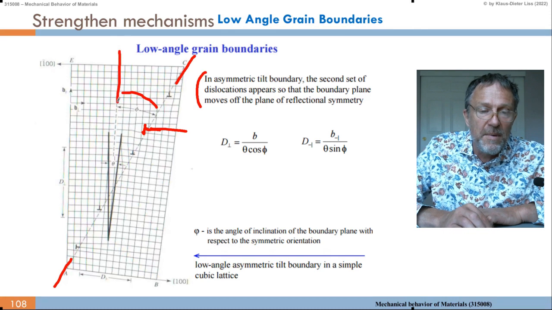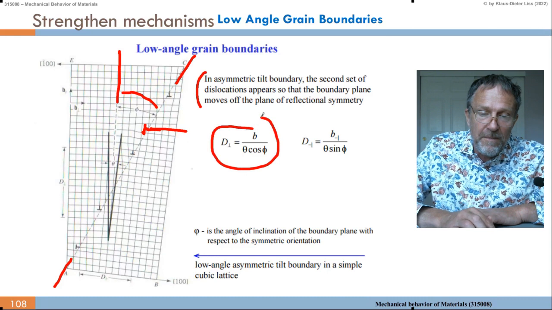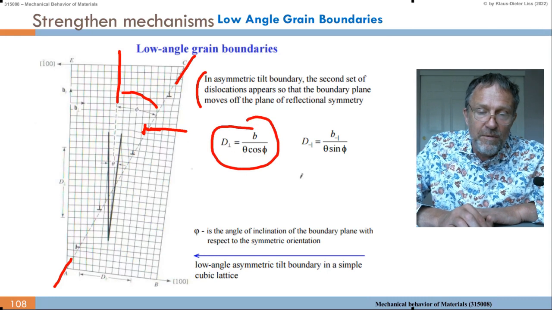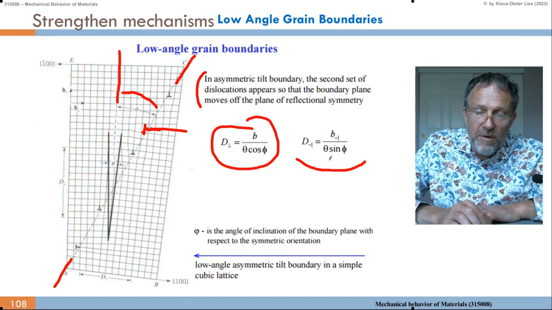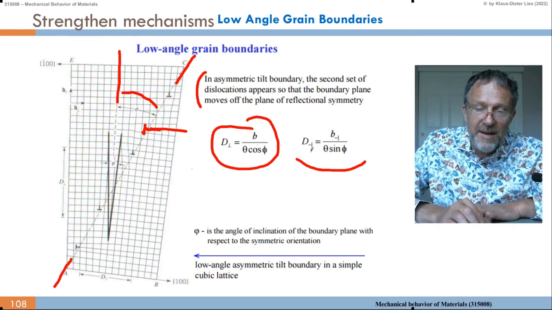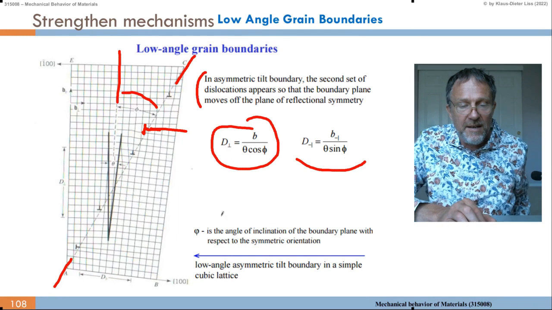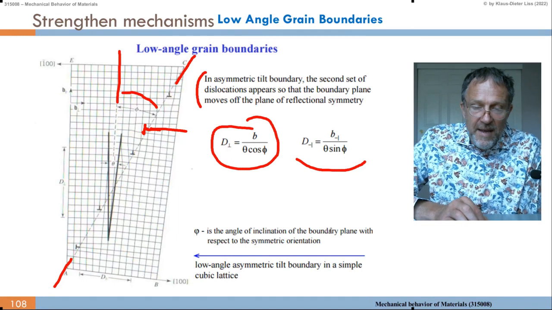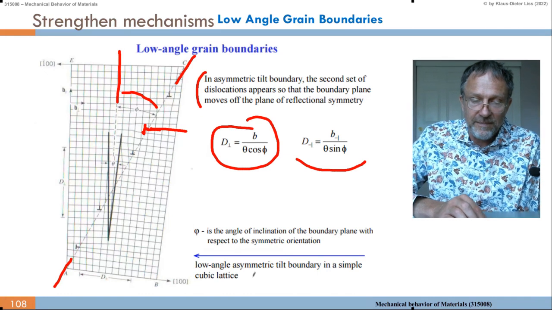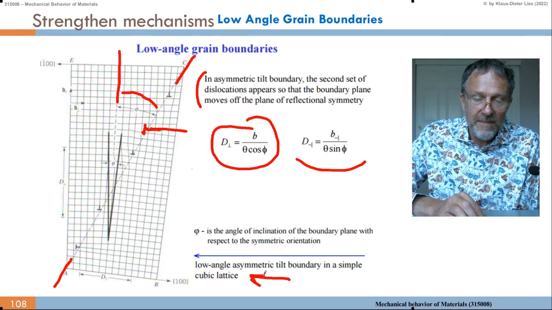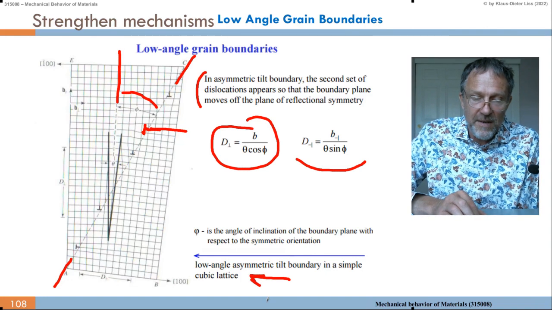So this is a symmetry plane, and now this tilt boundary moves off this symmetry plane by this D for one type of dislocation, and this D for the second type of dislocation. Of course you have to swap the orientation, the coordinate system x and y, so the cosine becomes a sine here. And phi is the angle of inclination of the boundary plane with respect to the symmetry orientation. So this is a demonstration here in a simple cubic lattice.